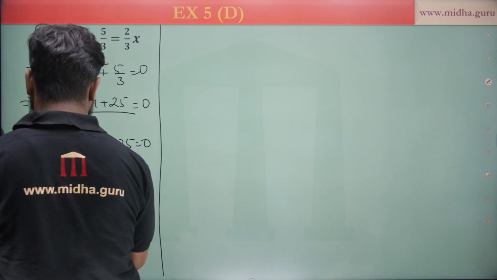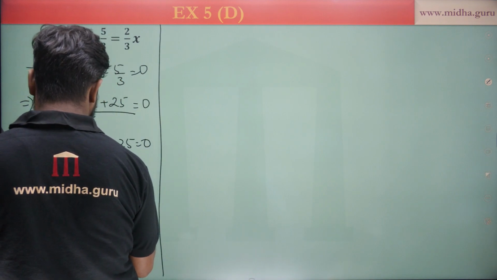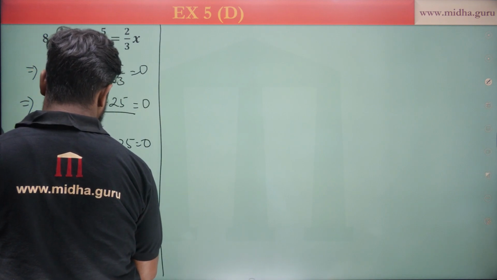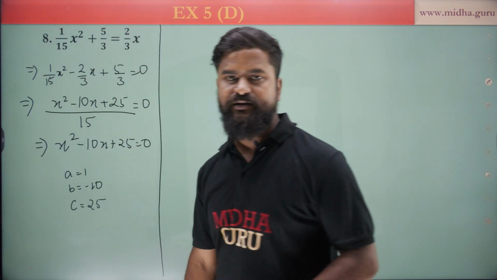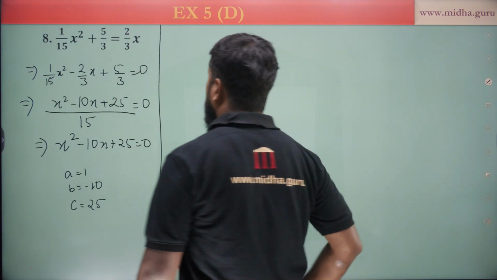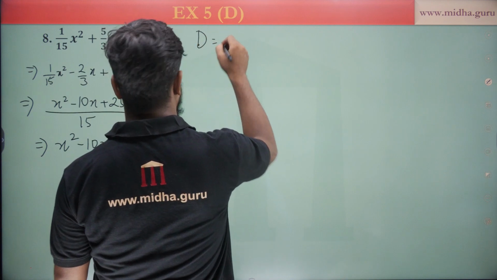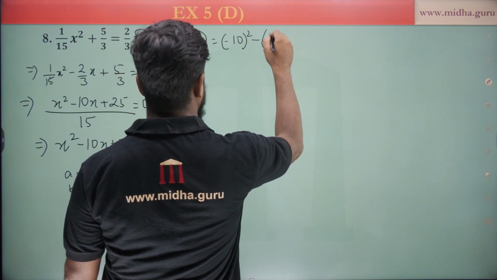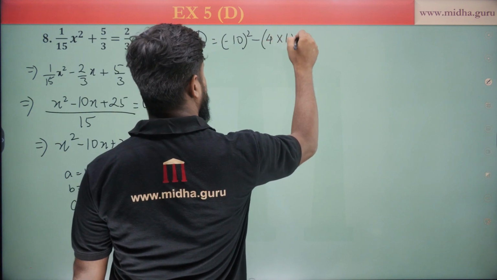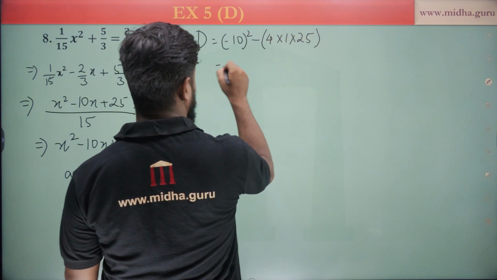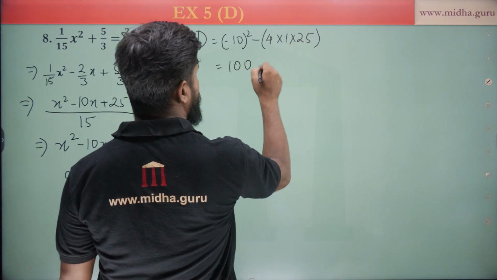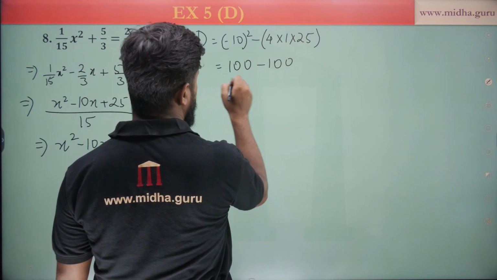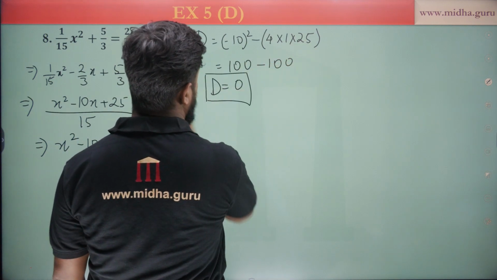So a is equal to 1, b is equal to minus 10 and c is equal to 25. Now the discriminant is b squared, so minus 10 squared minus 4 into a, that is 1, and c, that is 25. So minus 10 squared will be 100 and 4 into 25 will also be 100, which comes to 0.